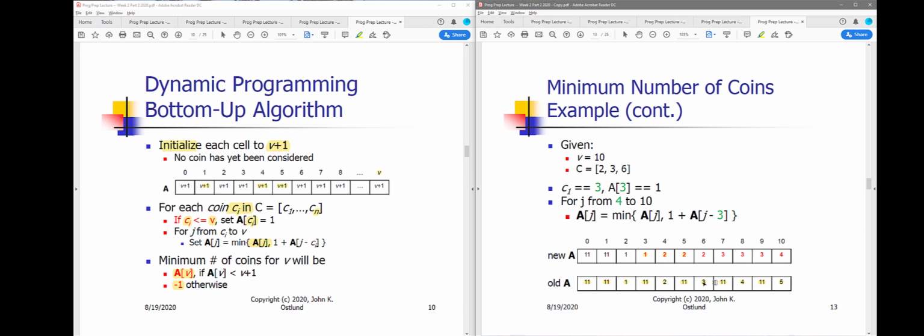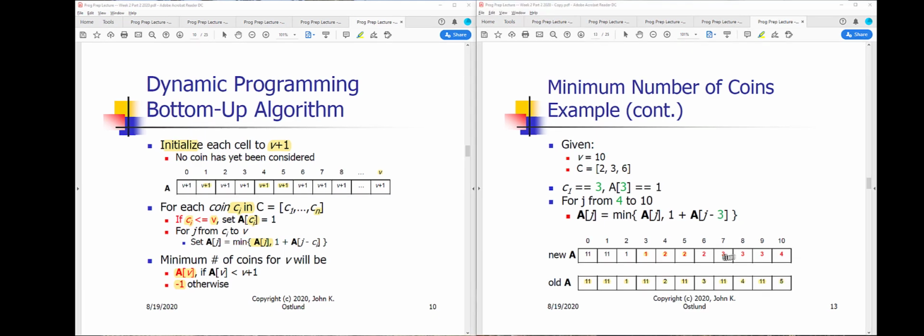And we keep turning the handle here until, when we get to 10, we need either 5 coins. All right, 5 coins is the value that we got just using 2-cent pieces. So we're going to get the minimum of either 5 or 1 plus a sub, well, let's see, 10 minus 3 is 7.